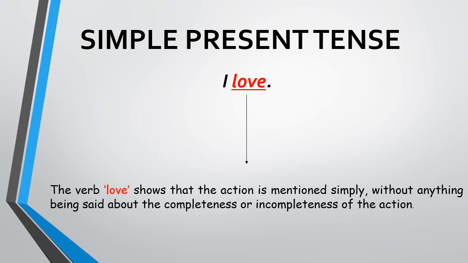The verb love shows that the action is mentioned simply without anything being said about the completeness or incompleteness of the action. If I say I eat, it does not talk about whether the action is complete or not.